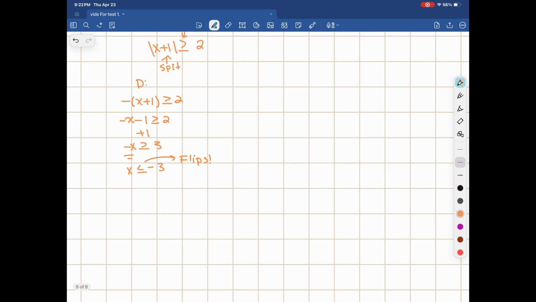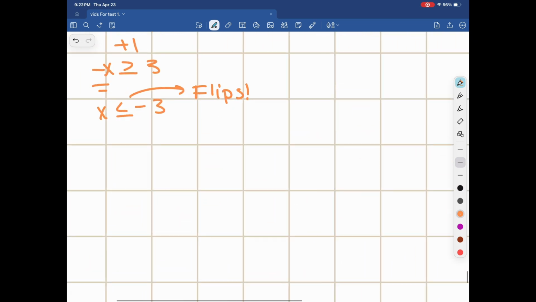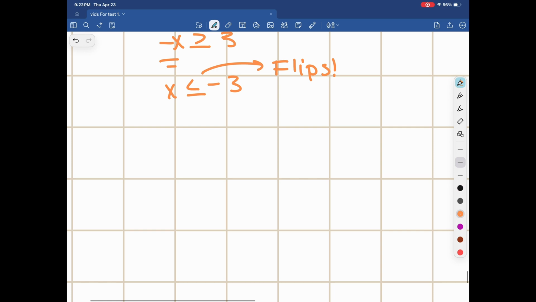Now you have to do the clean version, which is a lot more simple. We just have x plus 1 is less than 2, or less than or equal to 2. I do make a statement here so it's easier to put in interval notation.